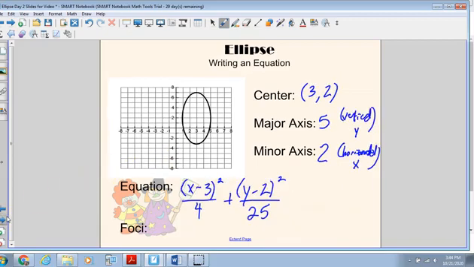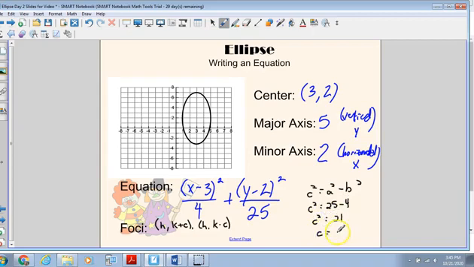Alright, for this one, we have a vertical major axis. So this time, remember that for our focus coordinates we're going to be moving up and down from our center point. Our x is not going to be changing, but we'll have (h, k plus c) and (h, k minus c). So let's calculate c. c squared equals a squared minus b squared. This one should look familiar because these are the same numbers we had in our last one. 25 minus 4, c squared equals 21.